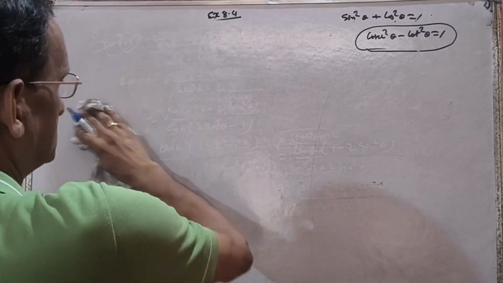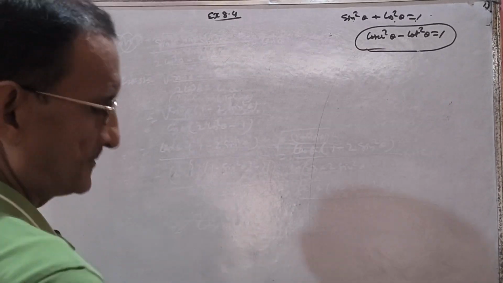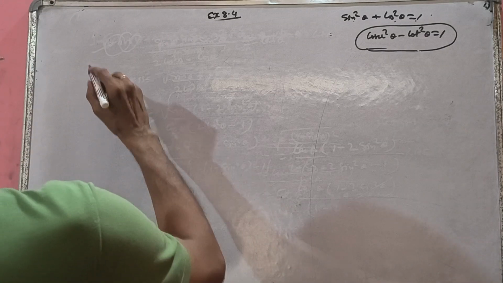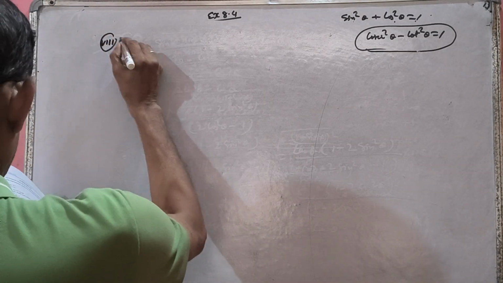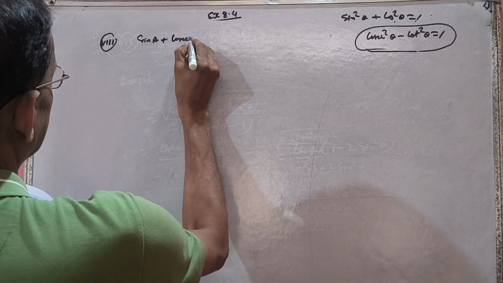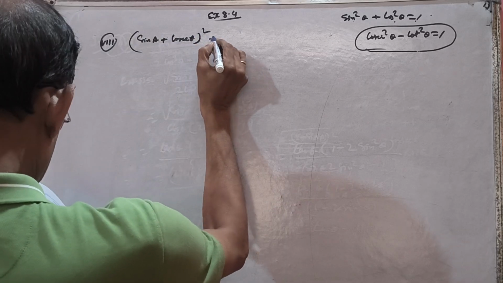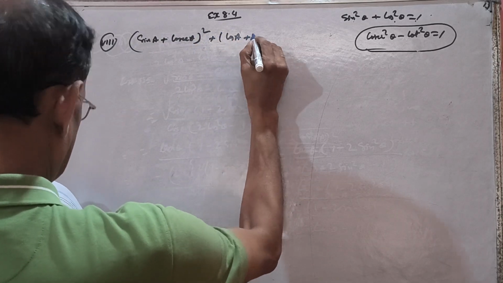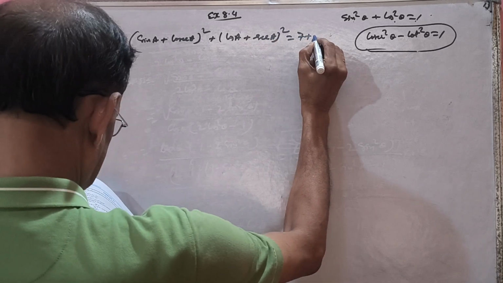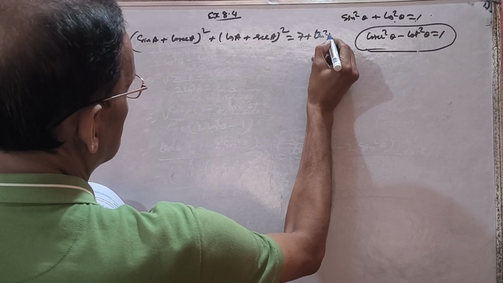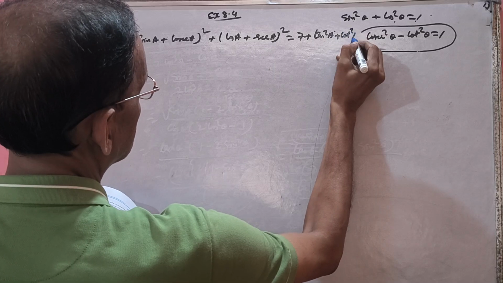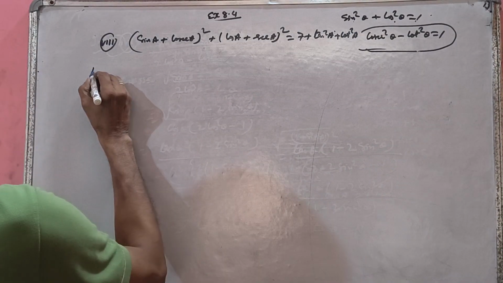Very easy exercise. We have the idea. We should have a practice of the relation between the ratios. Question number 8. (sin A plus cosec A) whole square plus (cos A plus sec A) whole square is equal to 7 plus tan square A plus cot square A. Take the left hand side.